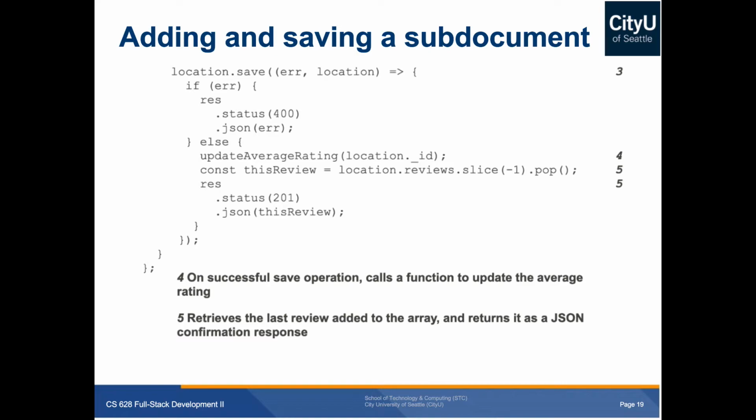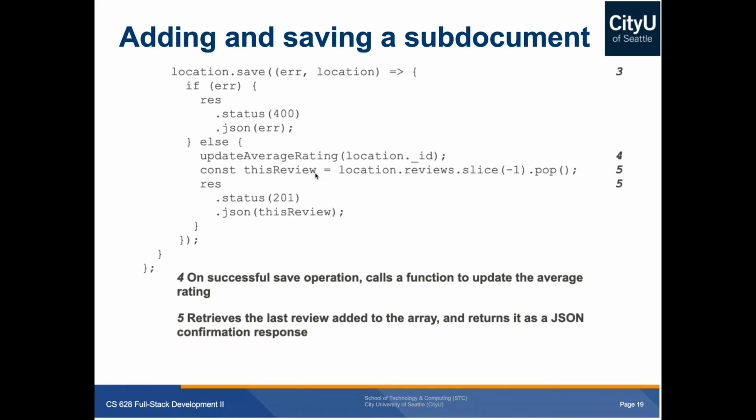And each location, which is the parent, has the average of all of the reviews. So that's why we also have to update the average rating. This is another user-defined function. We supply the location ID, and we'll go to this function later.